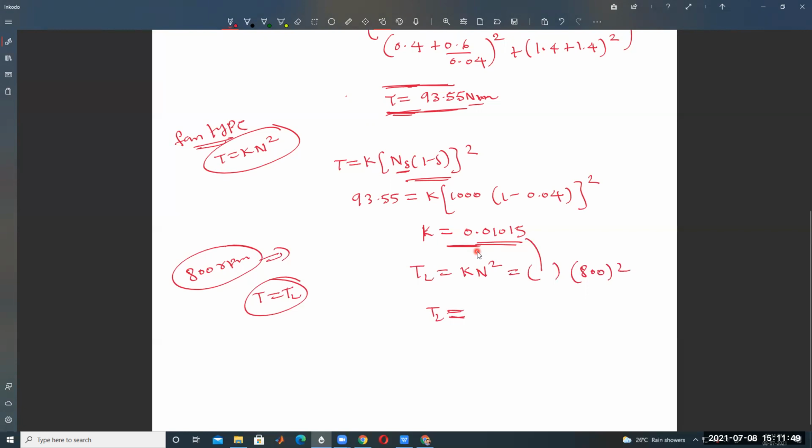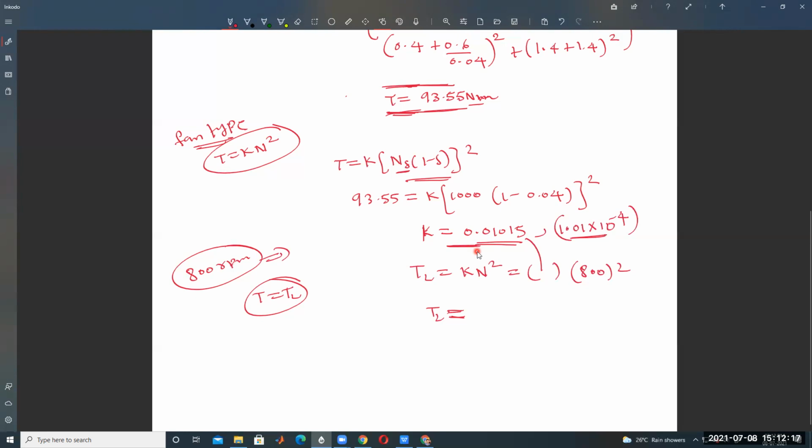The K value, we are getting 1.0106. So you are getting K value how much? This is different. 1.014. 10 to the power of -4. I got like this, 1.01 into 10 to the power of -4.